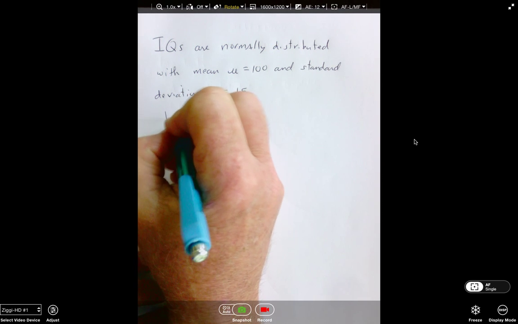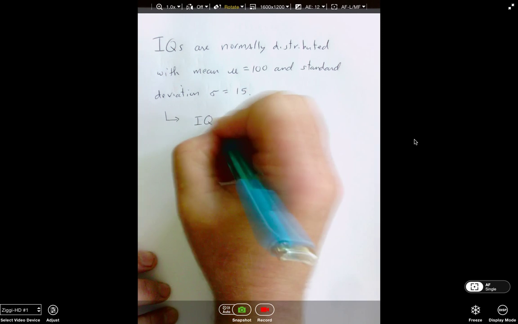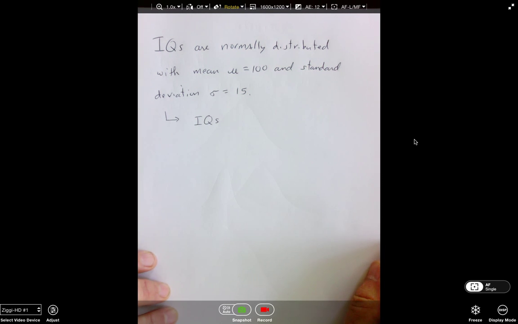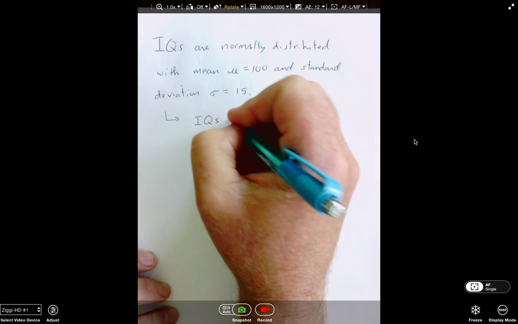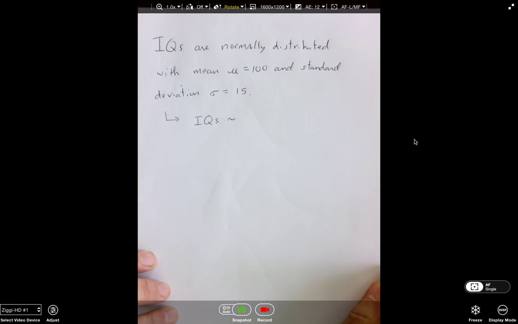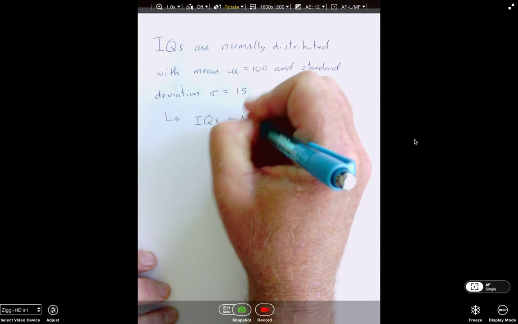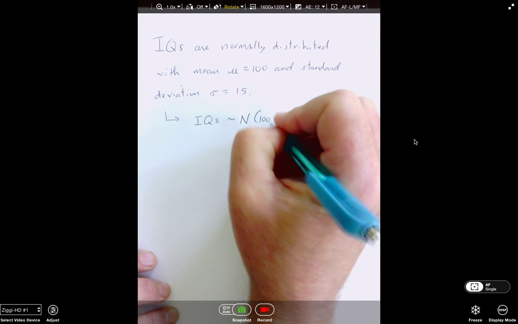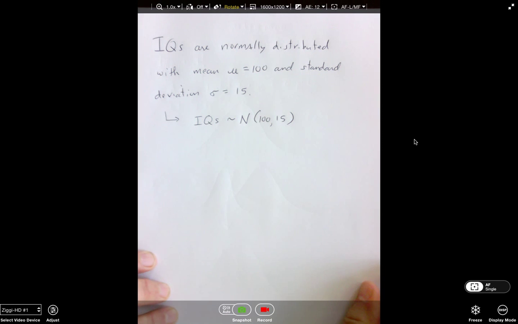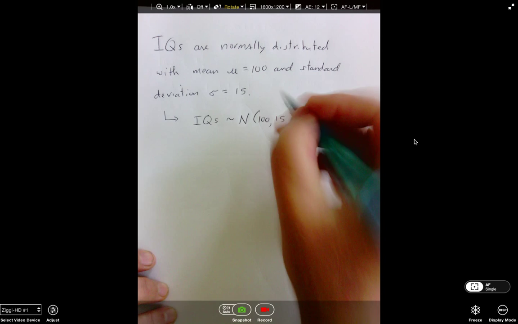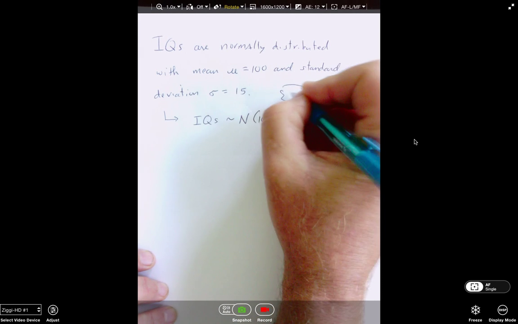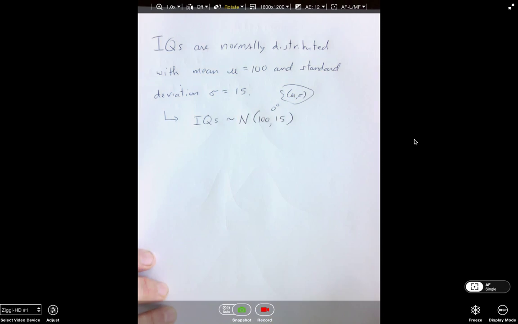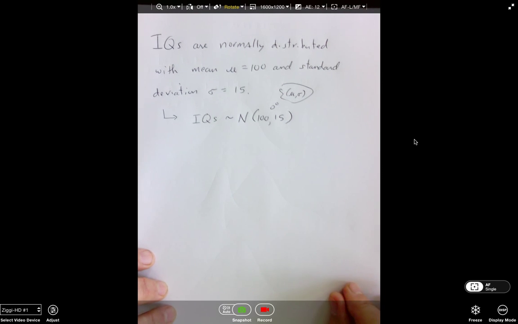Sometimes we abbreviate this and just say IQs, then a squiggly line, which tells me approximately, then a capital N, which represents the normal distribution, and I give two numbers. The two numbers represent the mean and the standard deviation. The mean always comes first and the standard deviation comes second. So when I see that, I think mu, sigma, so the mean is 100 and the standard deviation is 15.